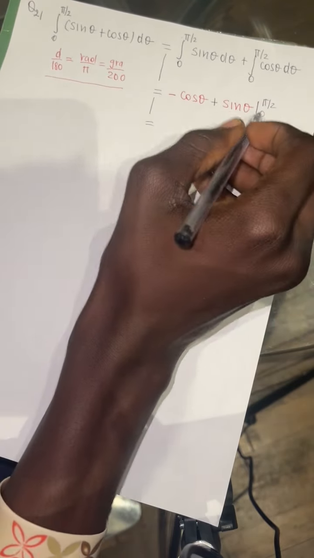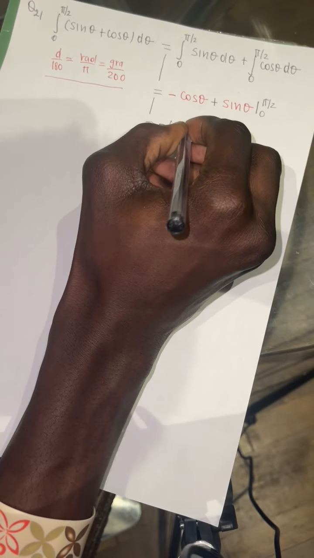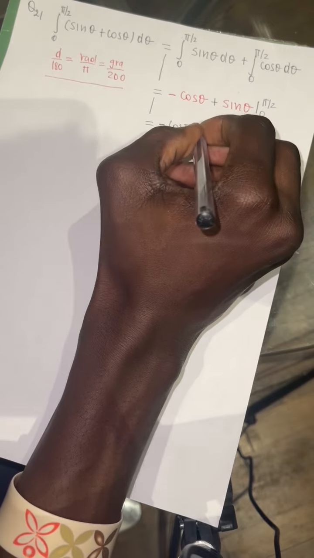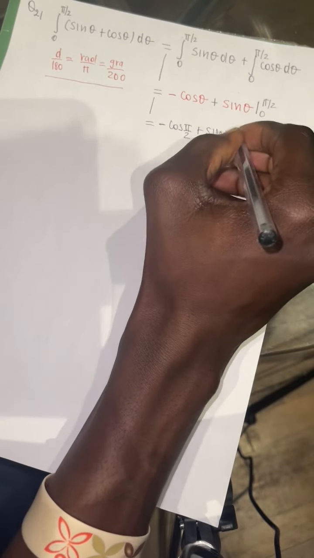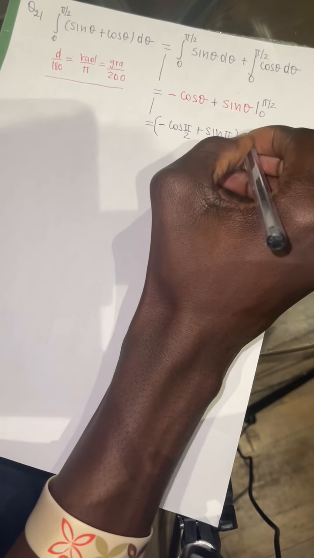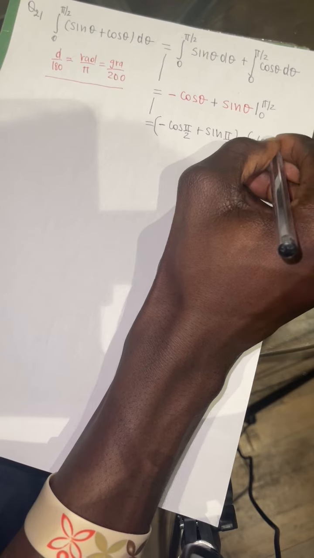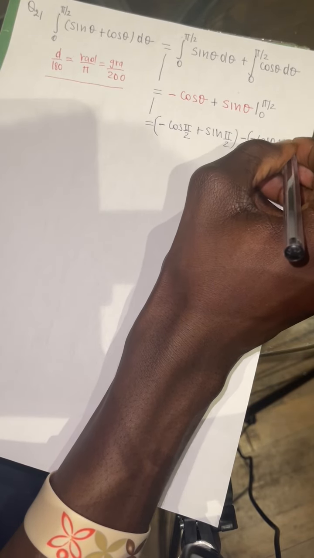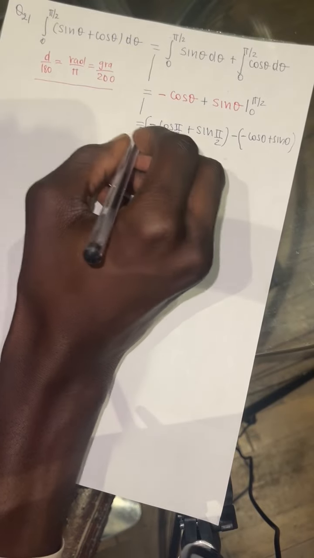So now we have minus cos pi over 2 plus sine pi over 2, we close the bracket, minus, and then we have negative cos 0 plus sine of 0, and then we close that bracket.